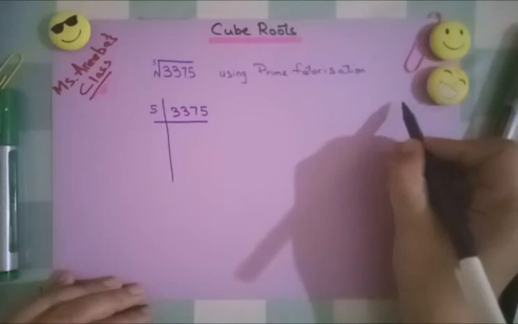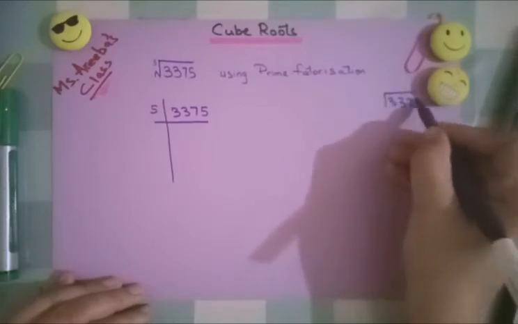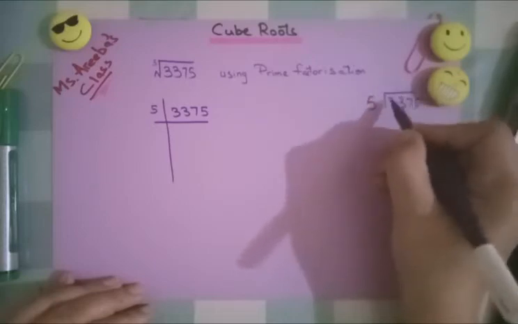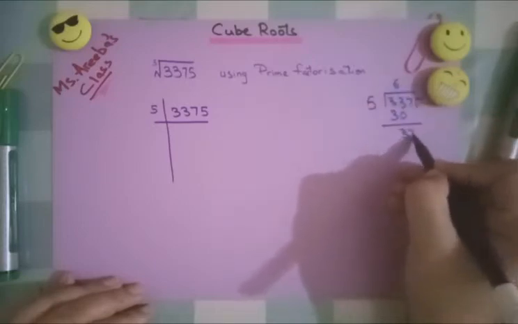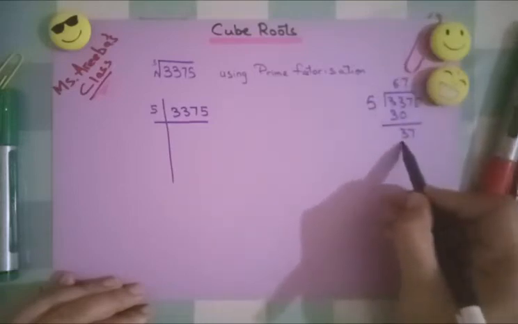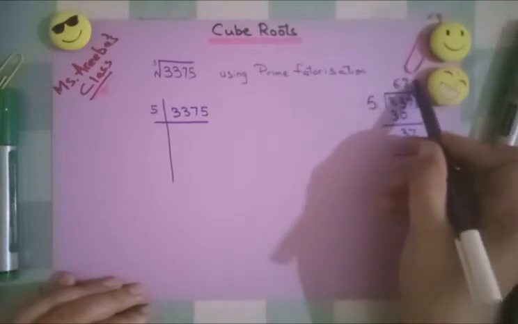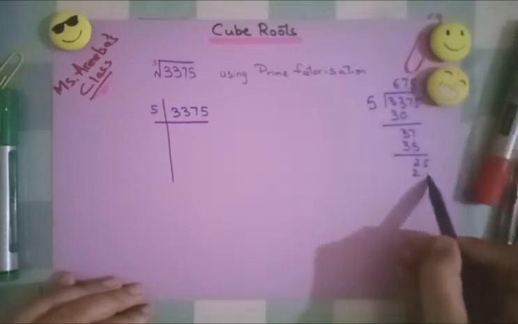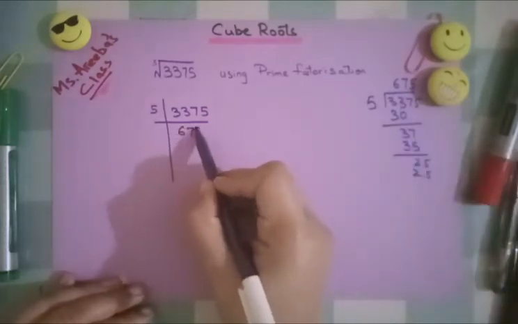You can divide it in rough work, like 3375 divided by 5. 5 6s are 30 and then 37. So 7 times 5 is 35 and then 25. So 5 5s are 25. It means this is divisible by 5 because it was ending at 5.